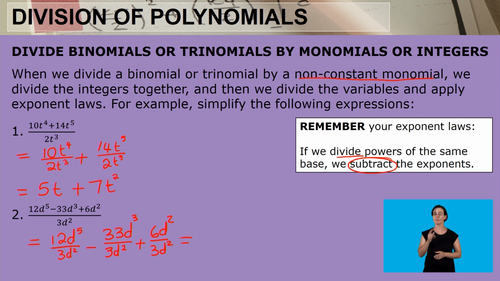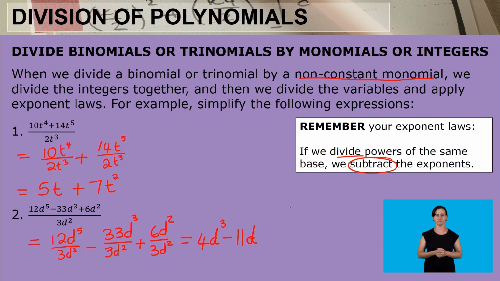What is 12 divided by 3? That is 4. And because those powers have the same base, we are going to subtract the exponents. So 5 minus 2 is going to be our 3. Then we are subtracting. 33 divided by 3 is 11. And those powers have the same base, so we are going to subtract the exponents. 3 minus 2 is 1.